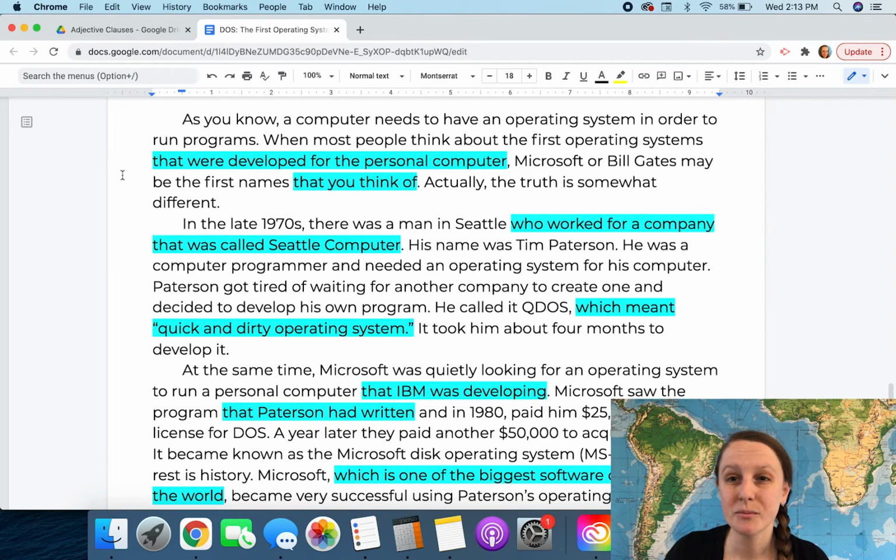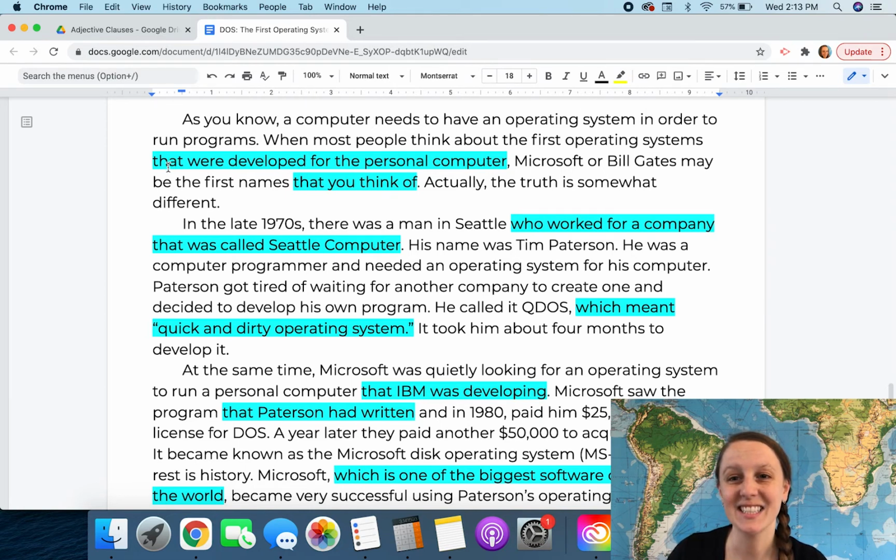Now, our first rule for how to reduce these clauses is for clauses that have the subject relative pronoun and a be verb. So we see that were developed. In this case, our be verb is were, and our subject relative pronoun is that.